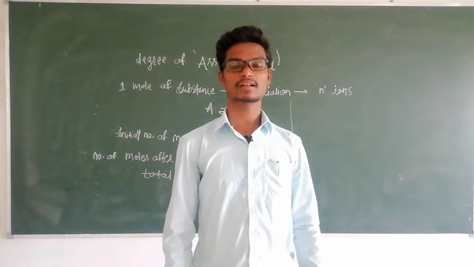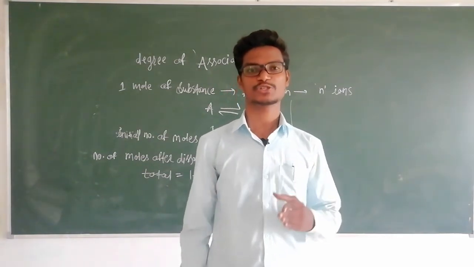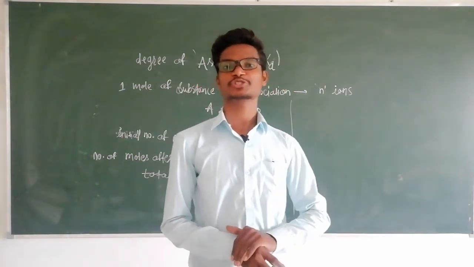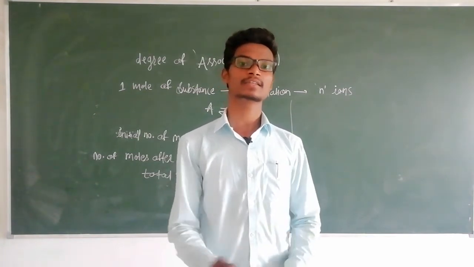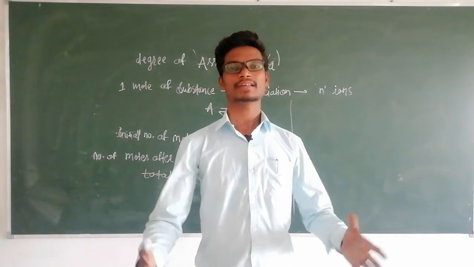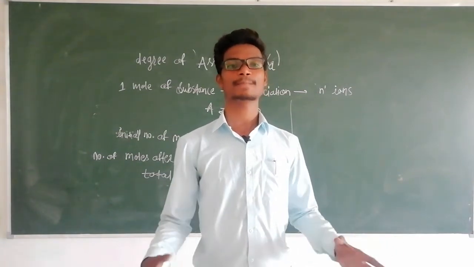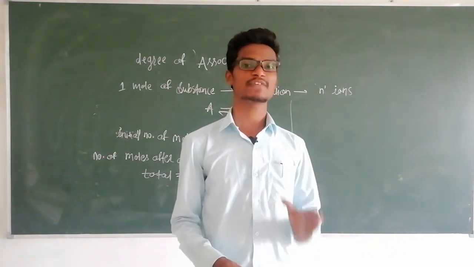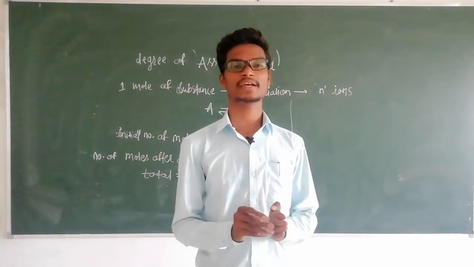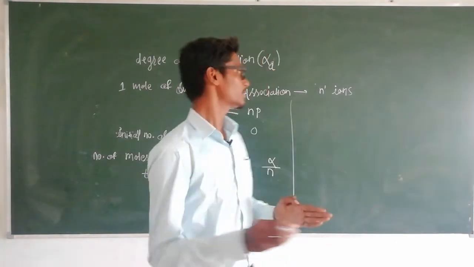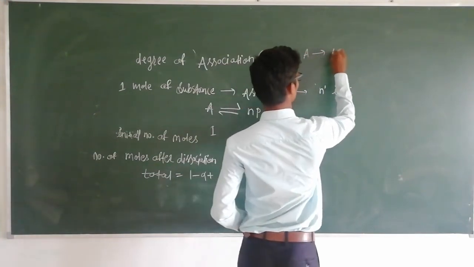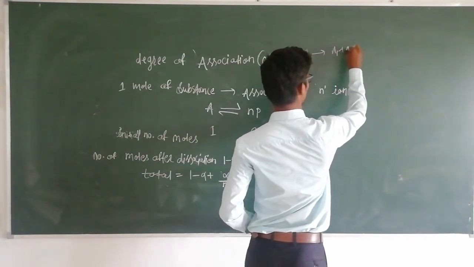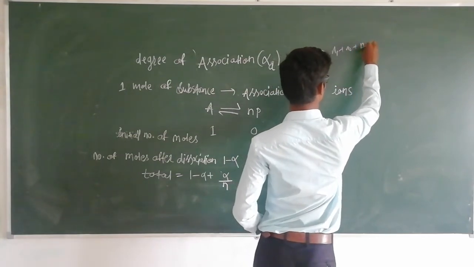Now we will learn about the degree of association. The degree of association means that after the addition of solute particles in the solvent, the molecules recombine. In case of dissociation, the solute particle gets dissociated, that means a particle A forms A1, A2 plus A3.